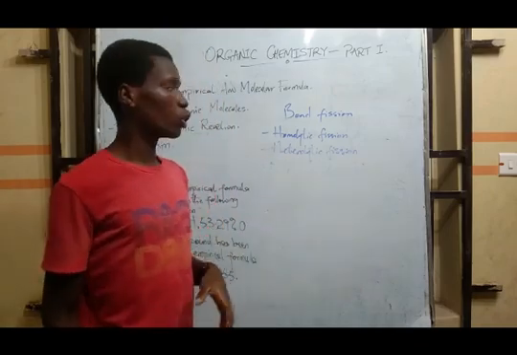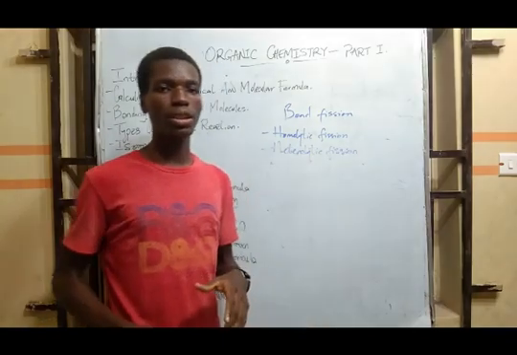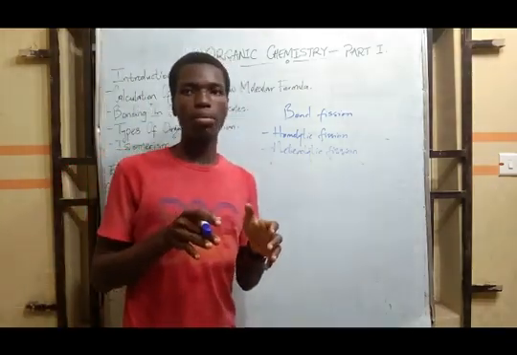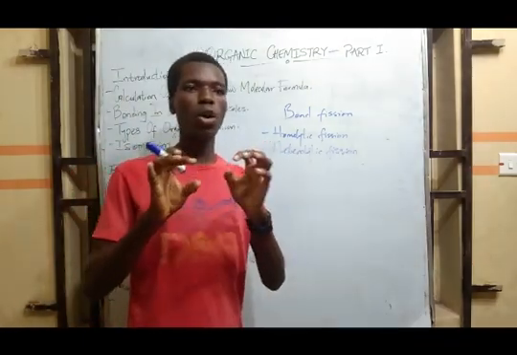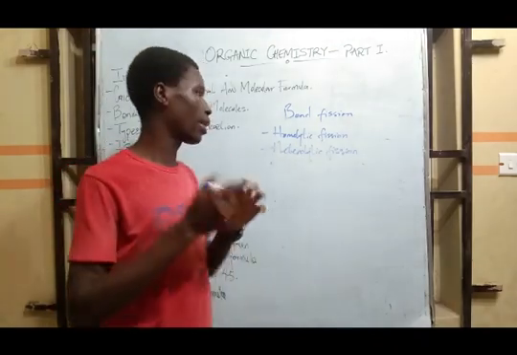Under homolytic fission, the breaking of the bond results in the 2 atoms each having one electron on their orbital.